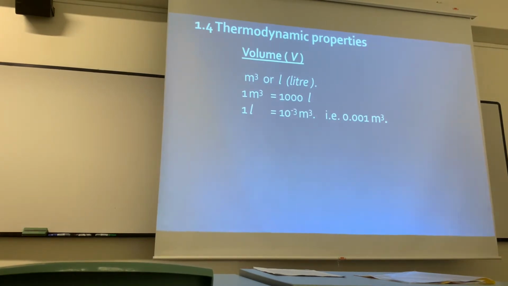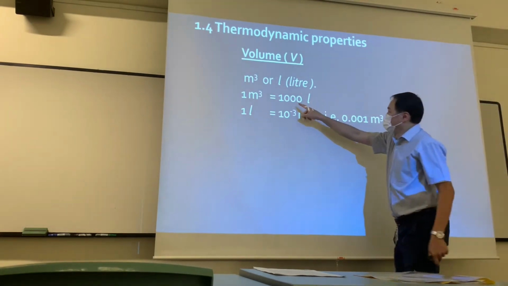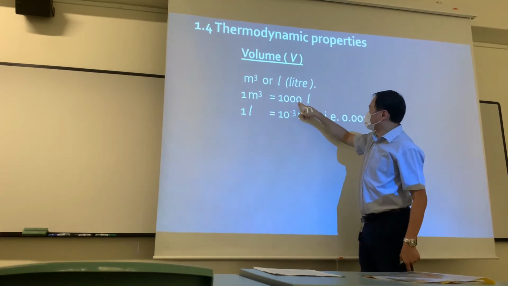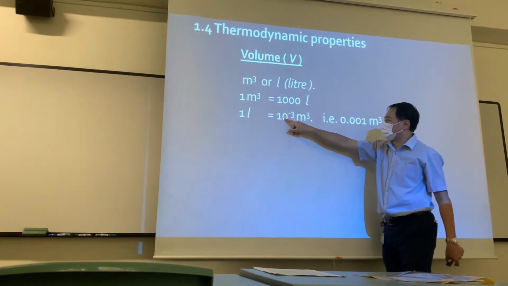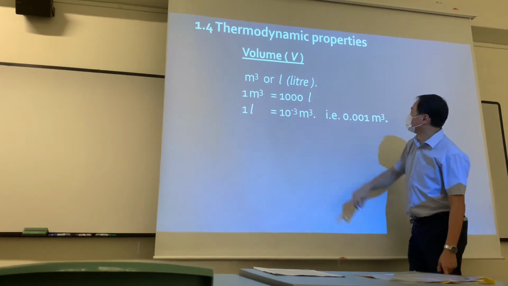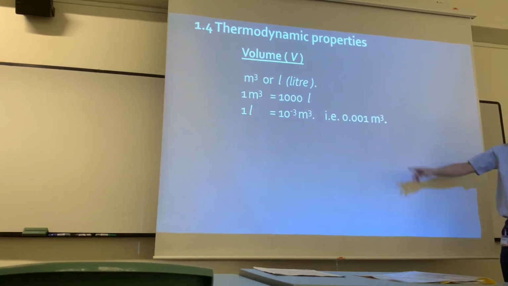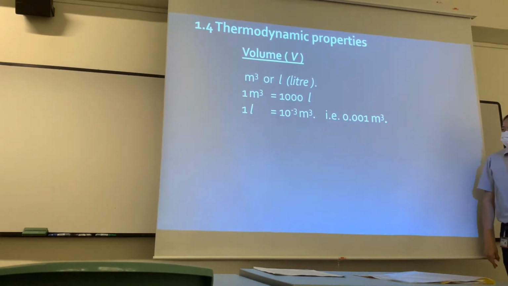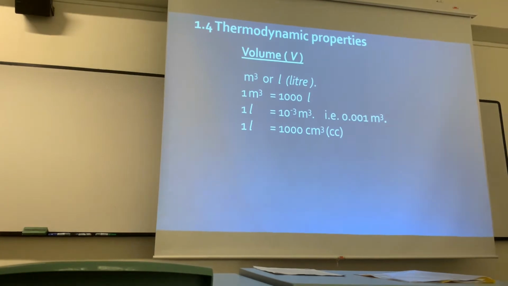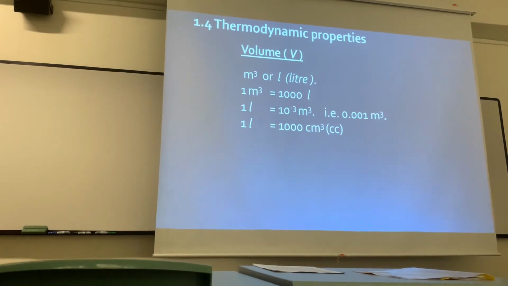So 1 liter is equal to 1 divided by 1,000, which is 10 to the power minus 3 meter cube, or 0.001 meter cube. So 1000 cc is equal to 1 liter. Most of you know 1000 cc.